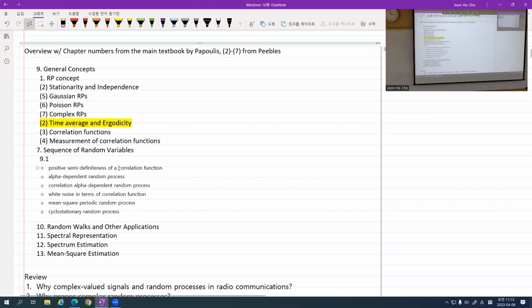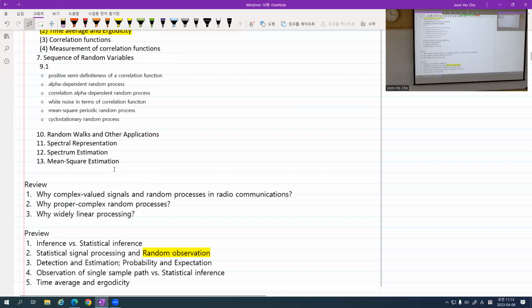I have found that the Peebles textbook and even the Papoulis textbook are not that friendly. You may say that my lecture is not friendly either, but I will try my best. This is a preview. We are talking about inference and statistical inference, statistical signal processing, random observation, detection and estimation theory.